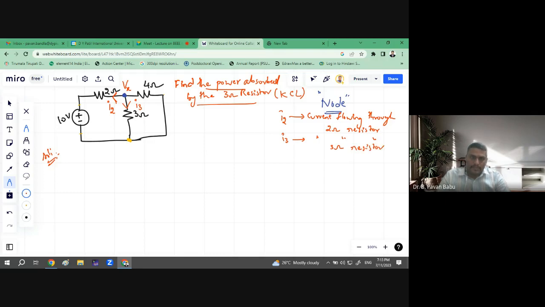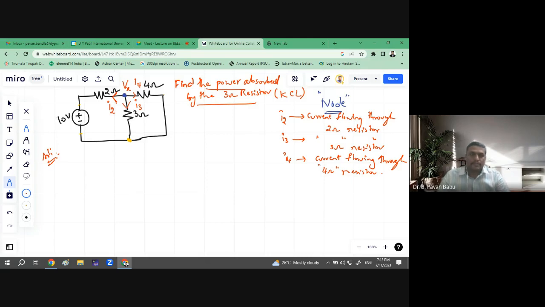And this is the direction of current flowing through the 4 ohm resistor, which I can call I4. So that easily we can trace that these currents represent the current flowing through 2 ohms, 3 ohms and 4 ohms respectively. So I think this information is enough for us.